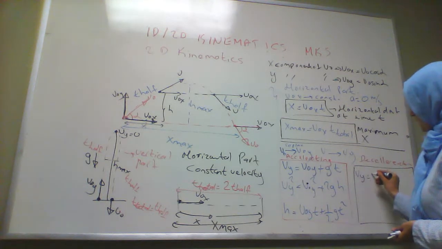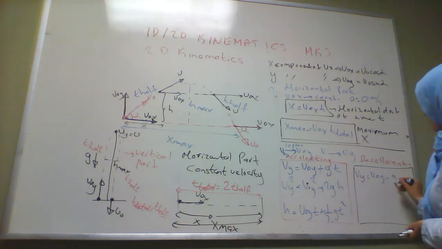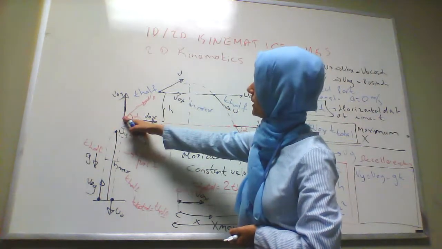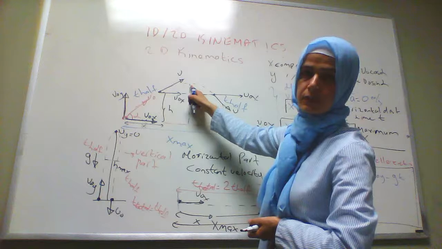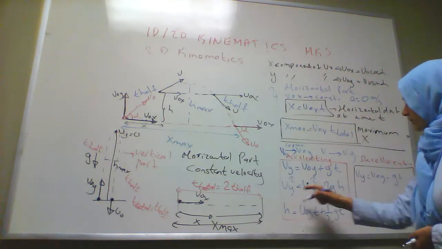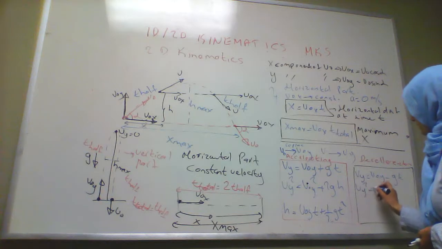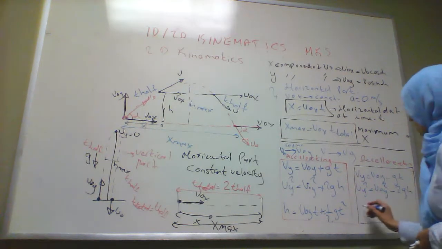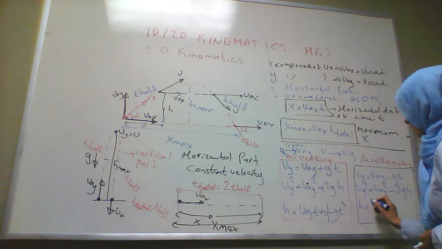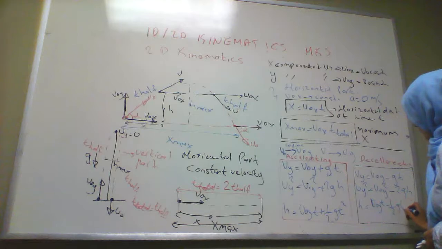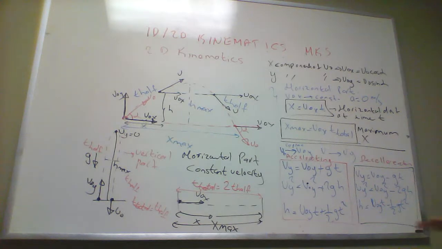We will have vy is equal to v0y minus gt. The deceleration portion of motion is from initial position to the highest maximum position, and after that we have acceleration. And we can use vy squared is equal to v0y squared minus 2gh, and h is equal to v0y t minus 1 over 2 gt squared.